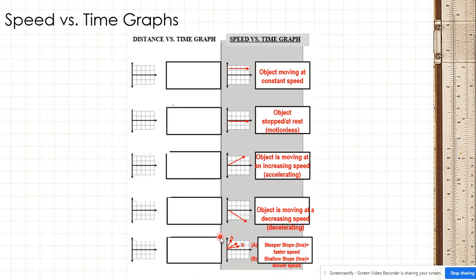This is called a steeper slope or steeper line, and that means that the object is moving at a faster speed. Okay, and then if you look at B, it's traveling the same amount of distance in more time. So it is what we call a shallow slope or line, and it's moving at a slower speed.